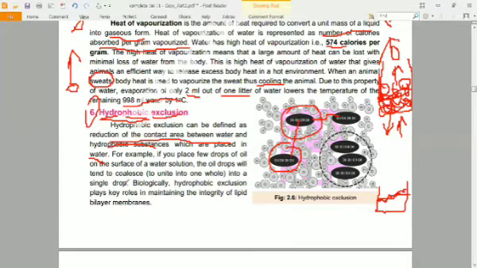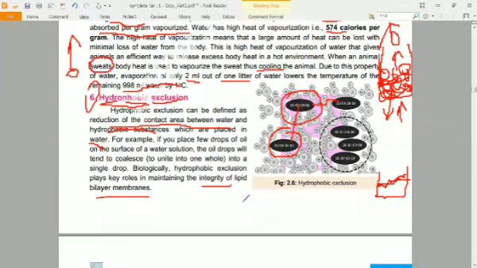Hydrophobic exclusion plays an important role in maintaining the integrity of lipid bilayer membranes. As you studied in grade 9 in the fluid mosaic model, cell membranes are mostly made up of lipids, so they are hydrophobic. It means they are not dissolved in water, which is good for maintaining the integrity of these membranes.